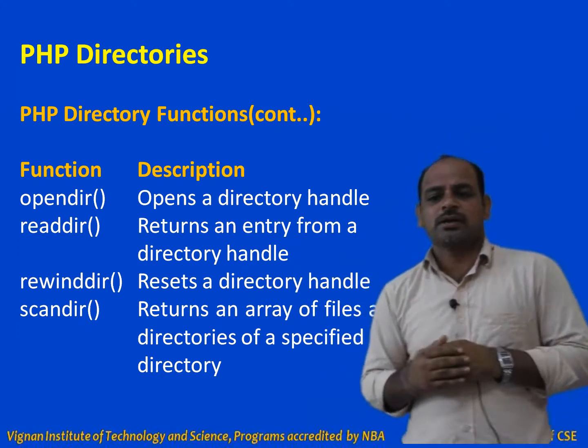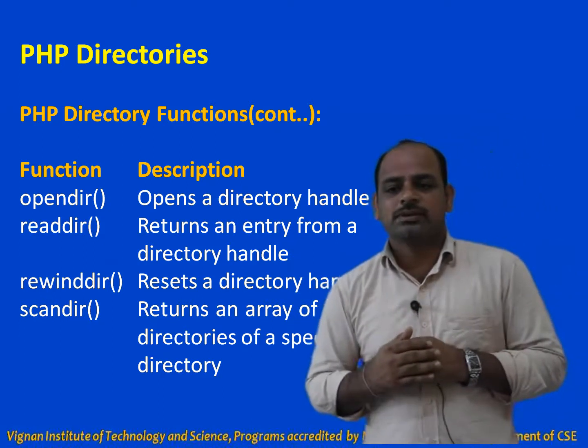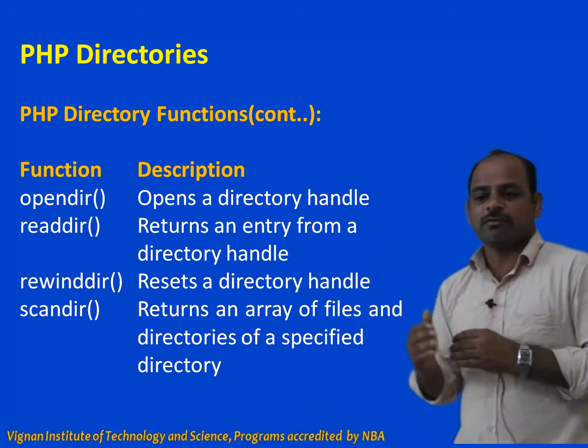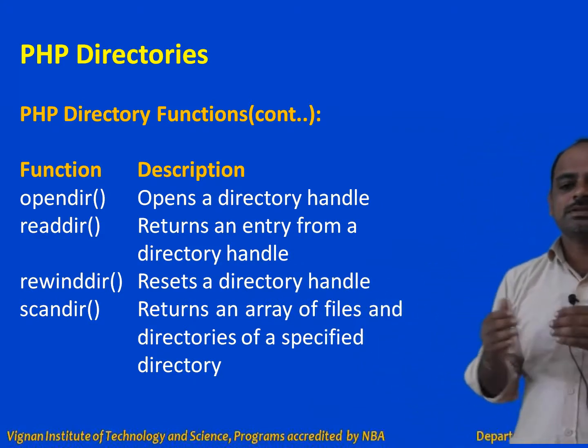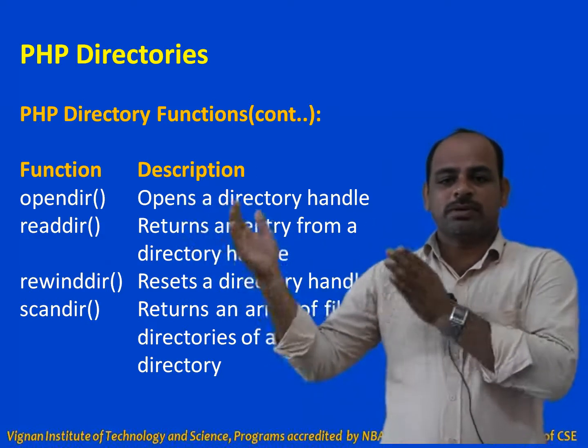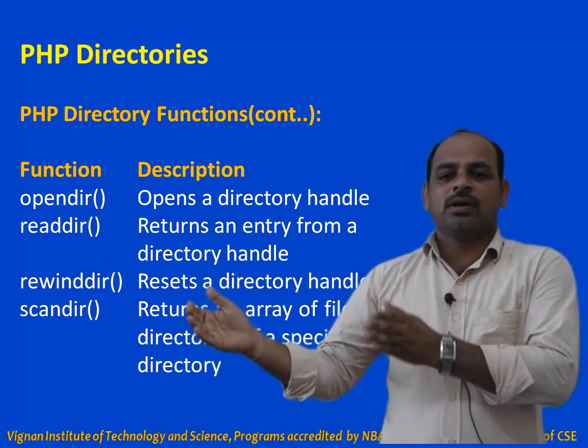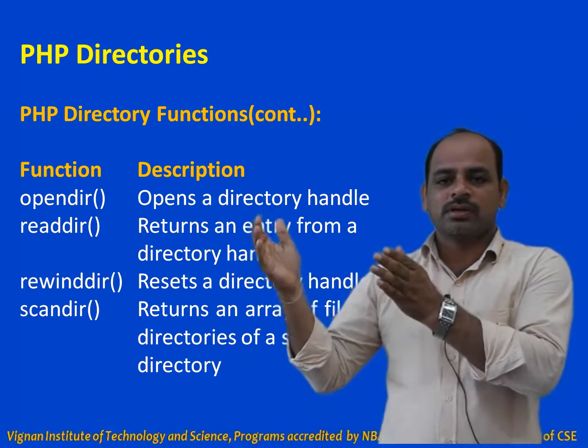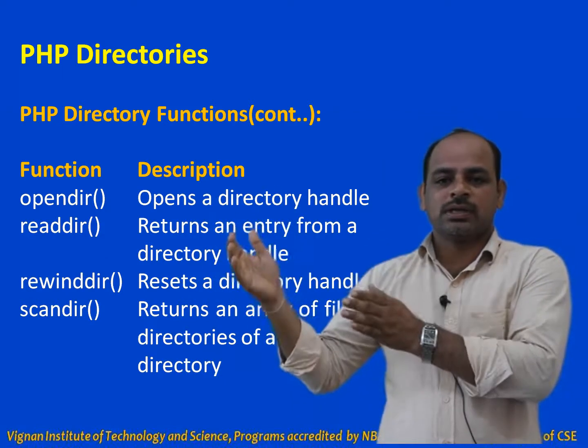Next, scandir. What the scandir function does is return an array of files and directories of a specified directory. It reads content from a particular directory, and the directory generally has other directory names and file names.